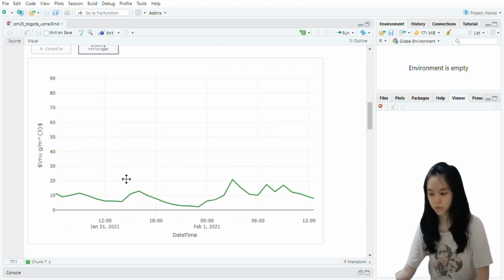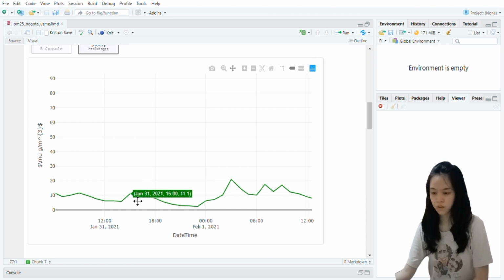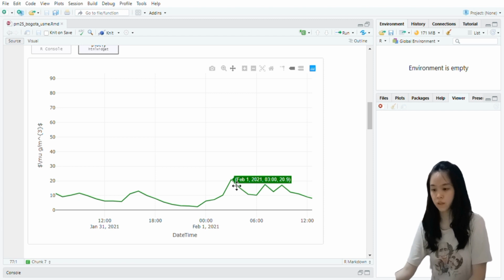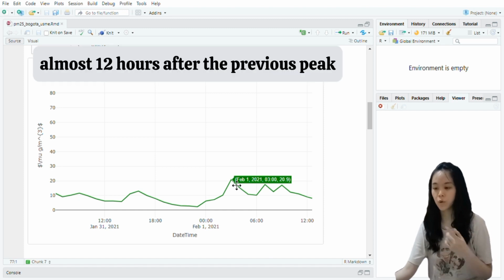From here, this peak is on January 31st, 4 p.m. And then we reach another peak the next day, 3 a.m. So it's almost 12 hours after that.